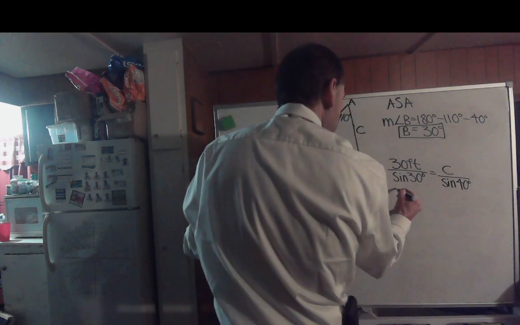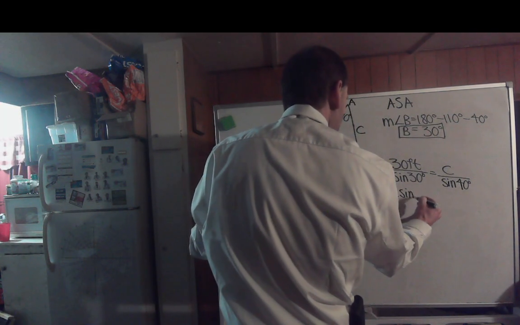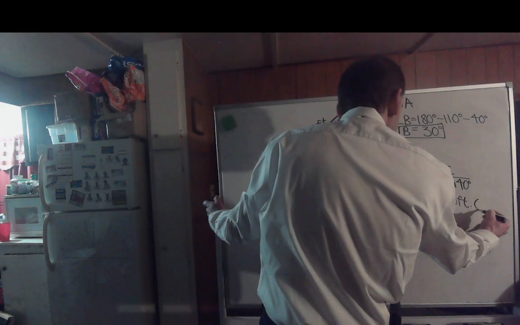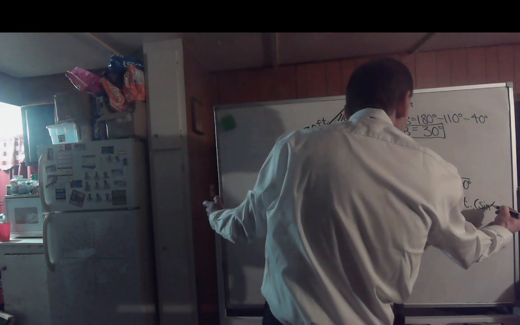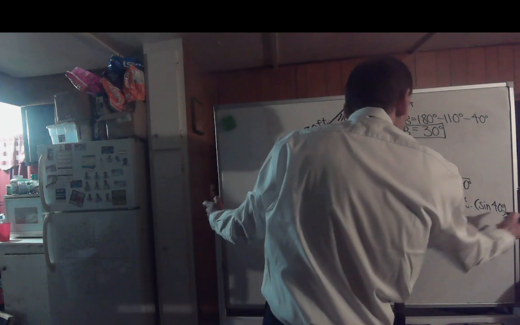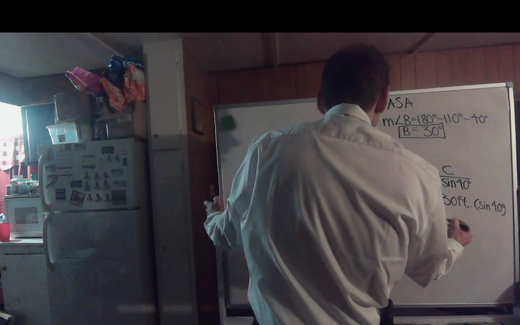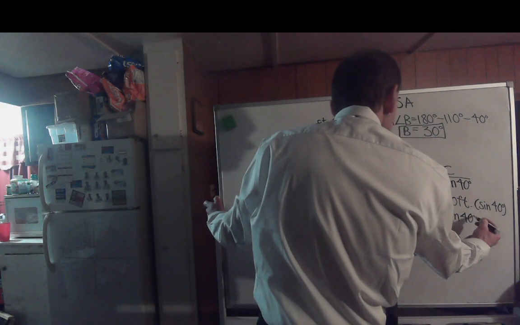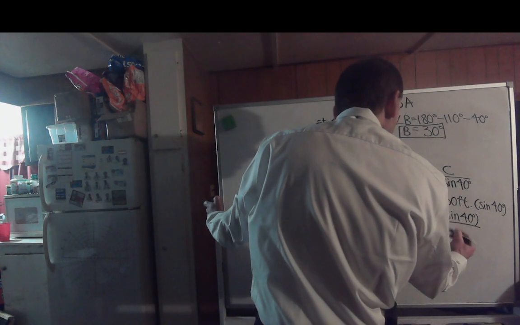So that means then C times the sine of 30 degrees would equal 30 feet times the sine of 40 degrees. So then C would be exactly equal to 30 feet times the sine of 40 degrees all over the sine of 30 degrees.